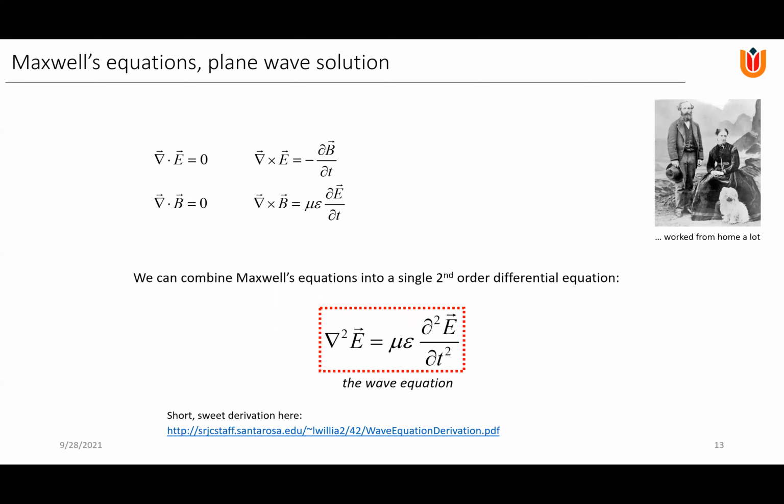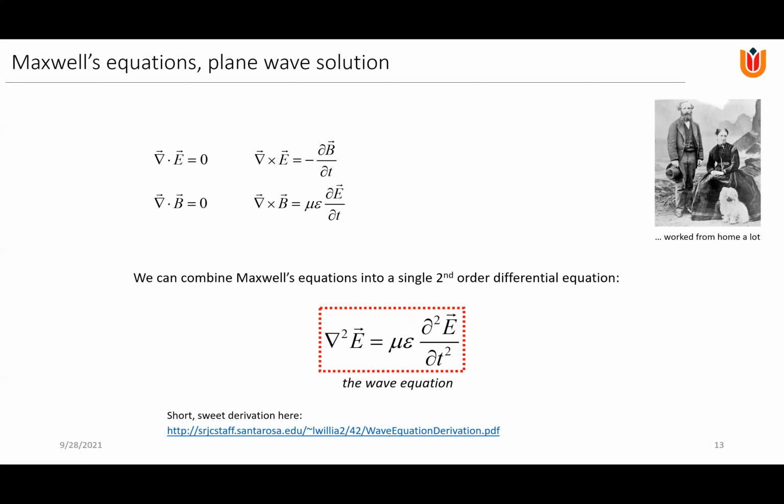Using all these clever substitutions, taking the curls and doing the second derivative, etc., you can turn this into a second-order differential equation for the electric field, which is called the wave equation. So what's nabla again? This is a derivative to time, right?